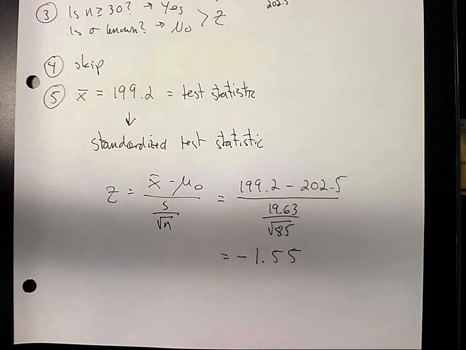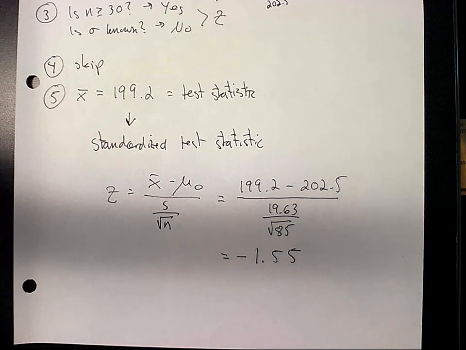Now, one quick word about this negative 1.55. I don't really remember exactly how many decimal places it came out to be, but I'm assuming that it's going to come out to more than just 2 decimal places. What are we going to try to do with this? Take it to the table. And the table goes to how many decimal places? 2 decimal places, right? We go to 1 decimal place on this column, and then on the top row, we go to the 2nd decimal place.